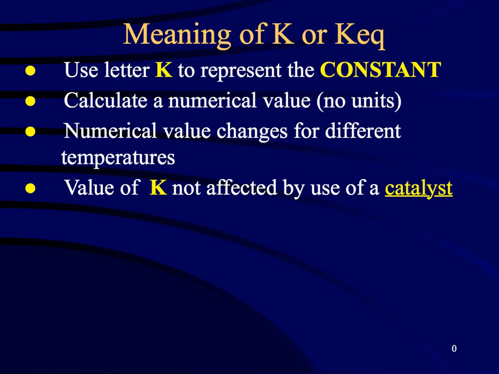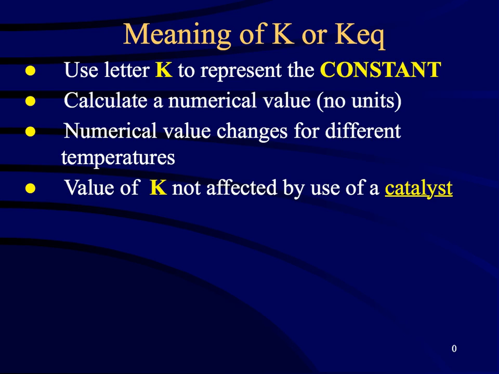Now let me explain what this K value is telling you. The K value, once again your equilibrium constant, tells you which side of the reaction it's going to favor. Does it favor the product side, or the reactant side? Or is it at equilibrium?